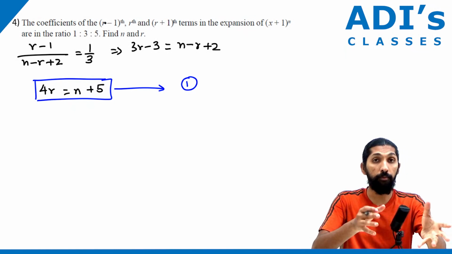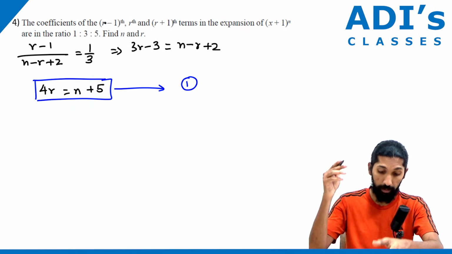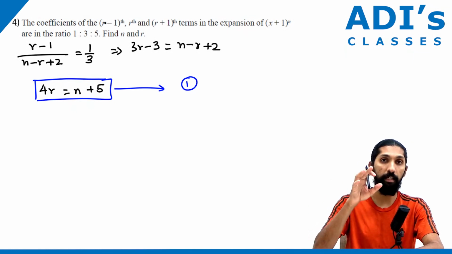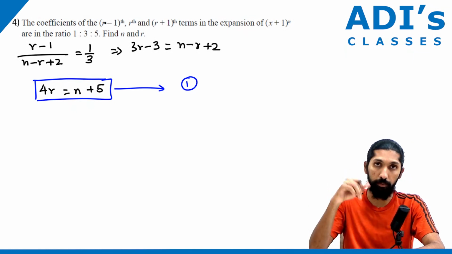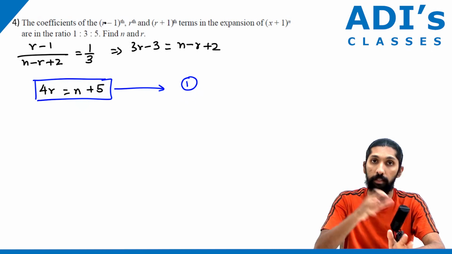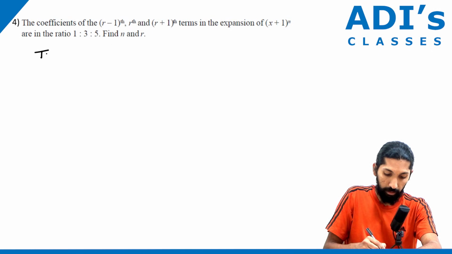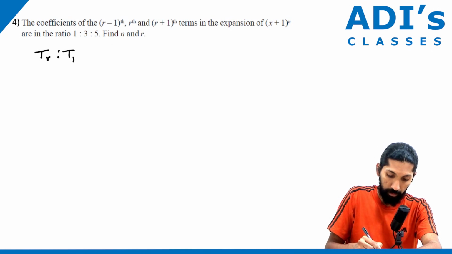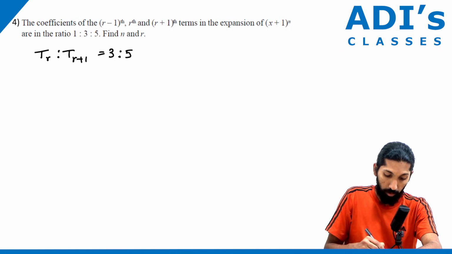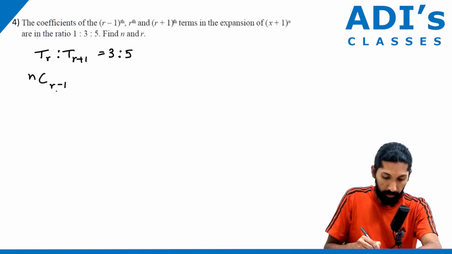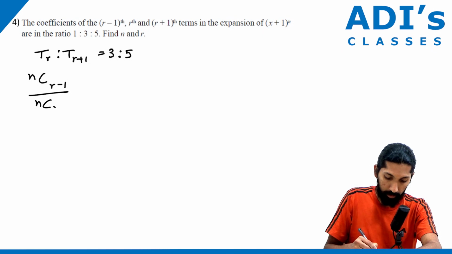Now, similarly, we have to do the next two. Next two in the sense what? We'll have to take T(r) and T(r+1), and that ratio is what? 3:5. So, we'll do that particular calculation now. See, T(r) is to T(r+1). This is 3:5. So, nC(r-1) divided by nCr is equal to 3:5.